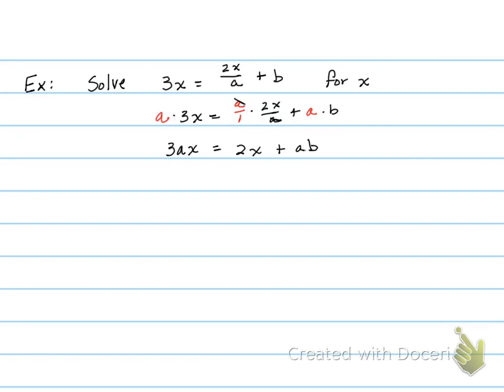What next? Get your variables all on one side. Yep, we're going to get variable terms on one side. So I see that I have a variable term on the left and on the right, so I'm going to move the one on the right to the left by subtracting 2x. So we have 3ax minus 2x equals ab.